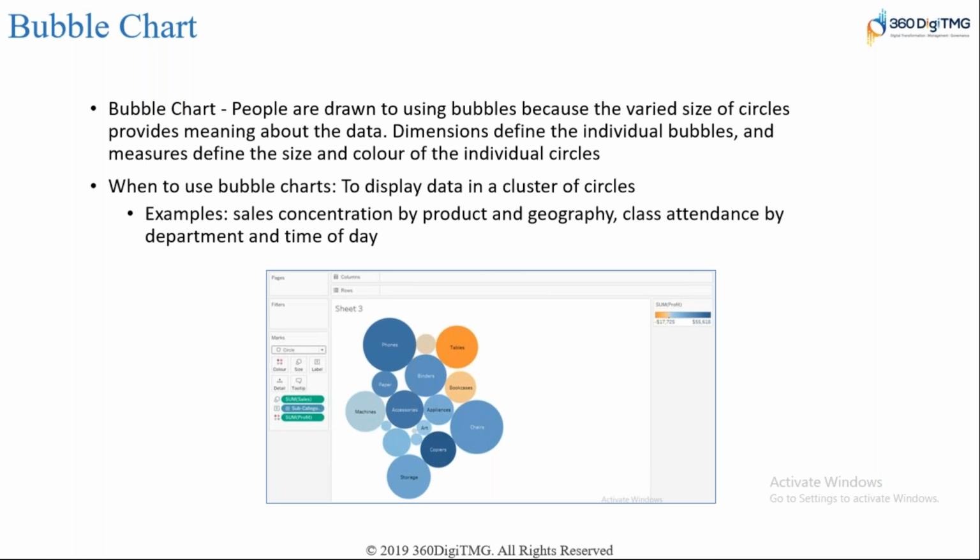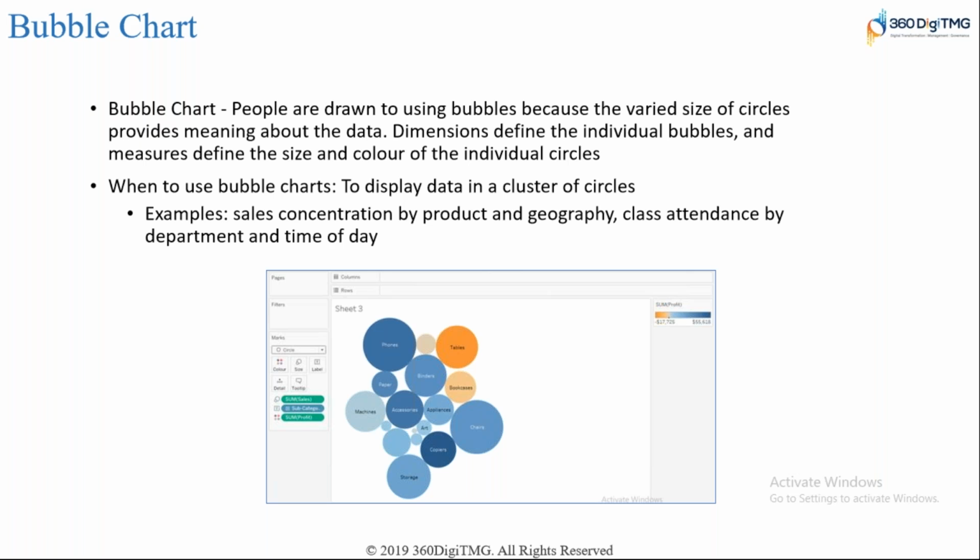How many bubbles there will be in the chart is decided by the number of members in the dimension.